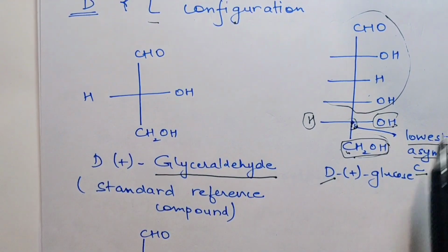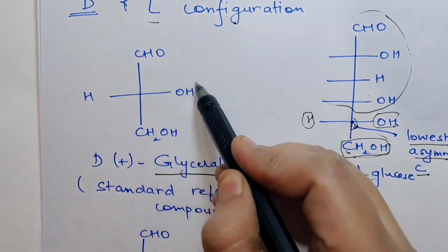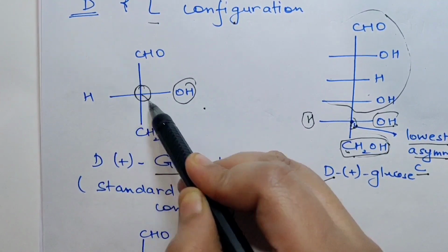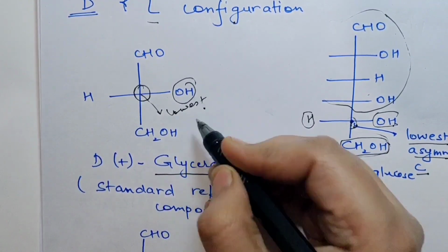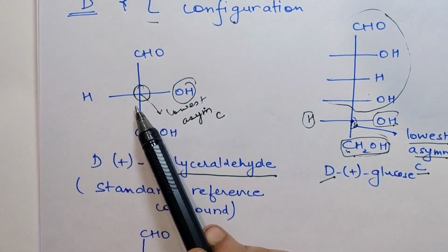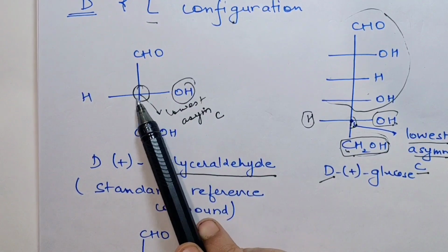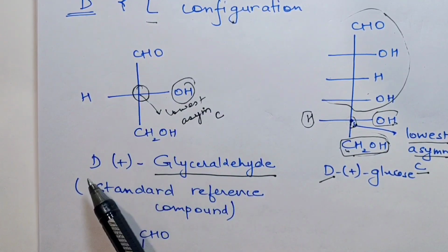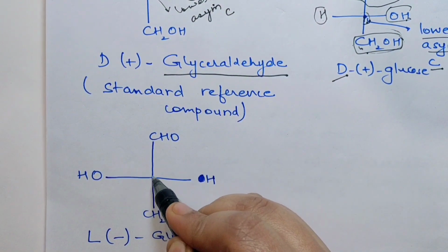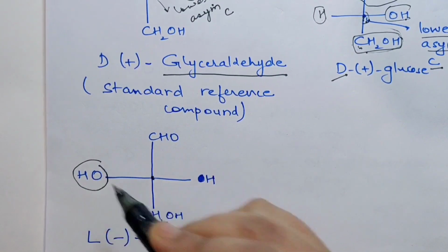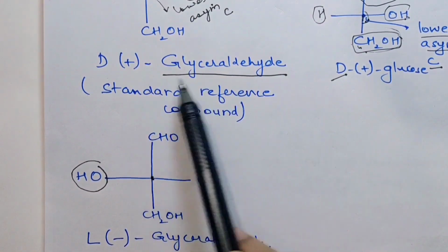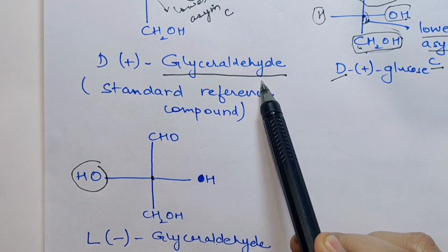D plus glyceraldehyde has the OH group on the right, on the lowest asymmetric carbon. So any compound where the lowest asymmetric carbon has OH on the right would be termed a D compound. Any compound where the lowest asymmetric carbon has OH on the left would be termed an L compound. So this is the standard reference compound.